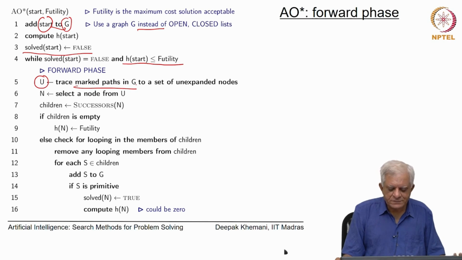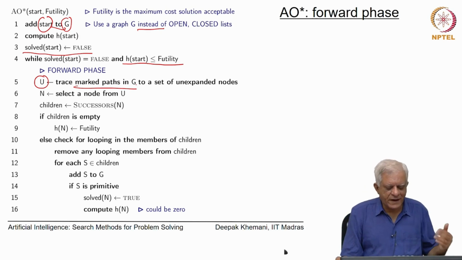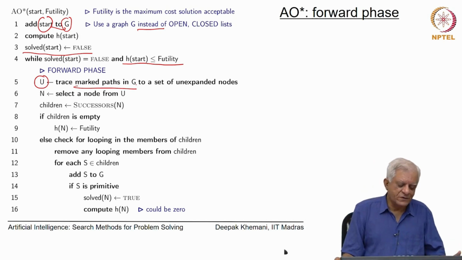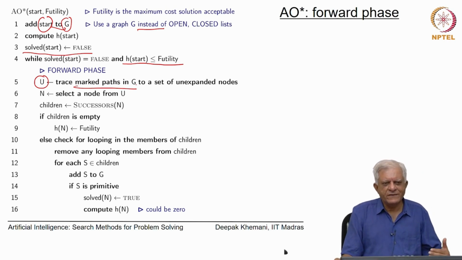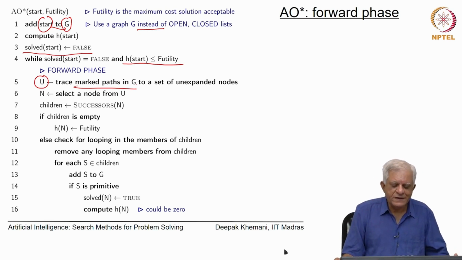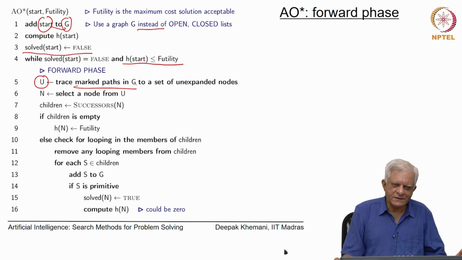One is that anyway you have to solve all of them, because these are part of some kind of an AND node. So, it does not matter in which order you solve them. But there is another argument which people often use, which is to say failure first: if some node is looking more expensive from the set U, then address that node first, because you will find out faster whether that branch of the solution is going to become more expensive.